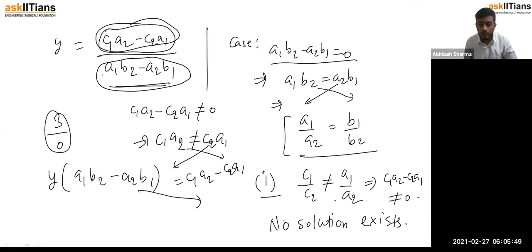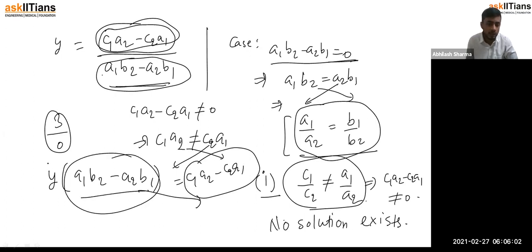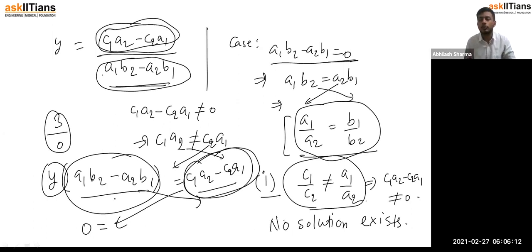So in this case, if this is non-zero, but this is already equal, so this thing is 0. So 0 into y is 0. But this is non-zero, so this non-zero number would be equal to 0. That is not possible for any y. So that's why we can say that in this case, no solution will exist.